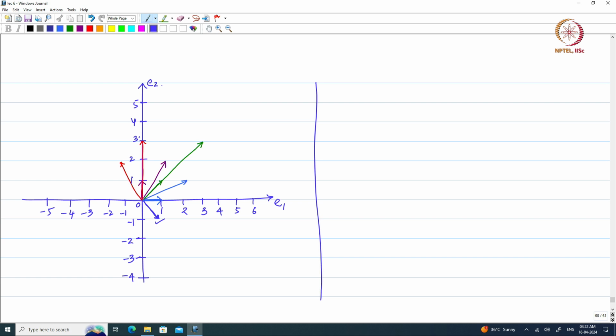So, if you look at this red color one or the purple color one or the blue paired arrows, these are all vectors where the input vector was in some direction, and the transformed vector was in a different direction.